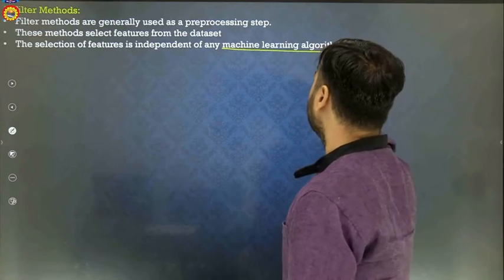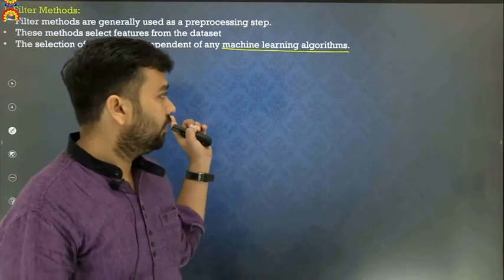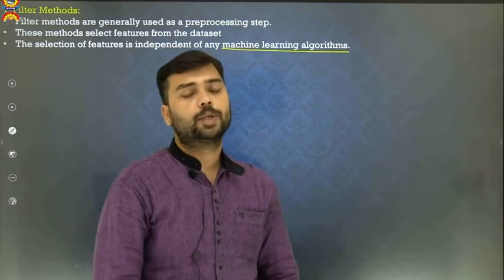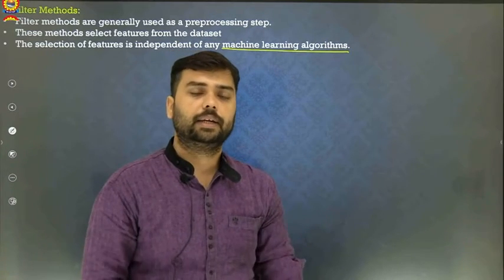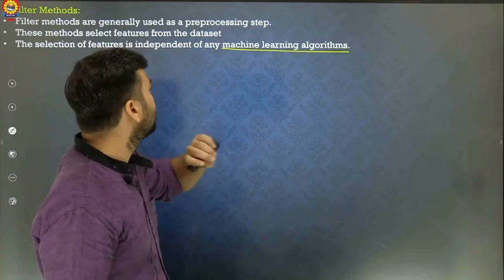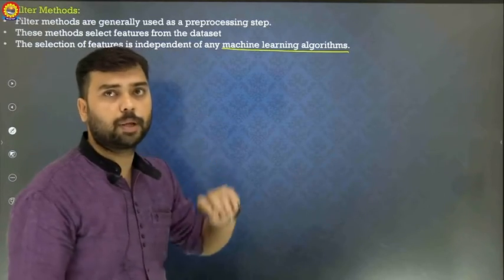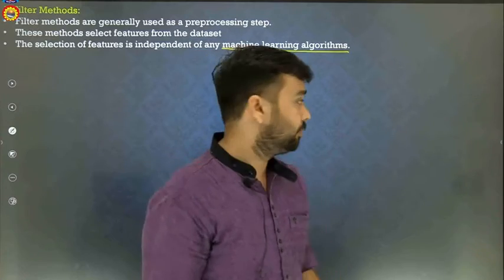This is important. In the case of the filtering feature selection method, it is not applied on any machine learning algorithm, and it is independent of any machine learning algorithm, and it is a part of pre-processing. At pre-processing time, we select the best features.